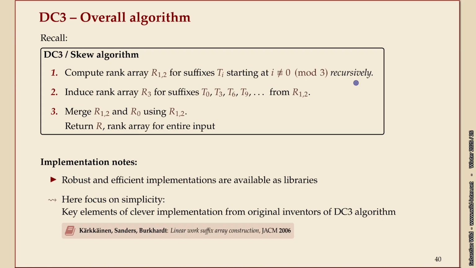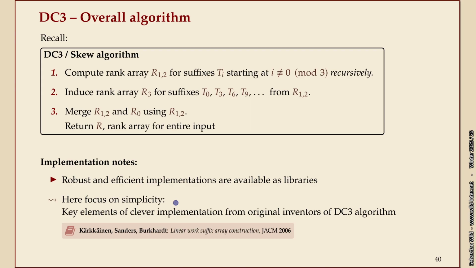Now, if you wanted to use this in practice, there's good libraries available that do suffix sorting. So it's rarely necessary to implement from scratch. I want to show a few details of the original paper for this algorithm, how they implemented it, just because it's a few cute tricks.